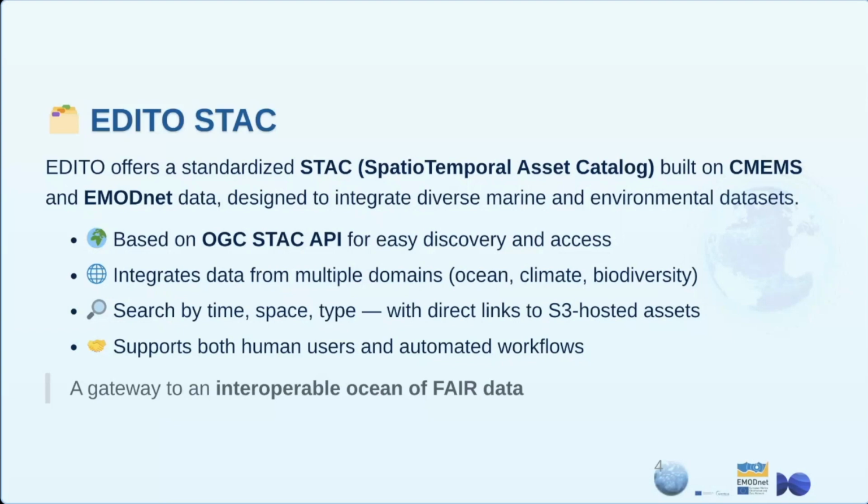It allows you to search for data in time and space, and depending on what kind of other characteristic you're looking for, to search it that way. But STAC was mainly developed to search for the kind of data that you're looking for based on place and time. And that's one of the things that the STAC Search API offers.